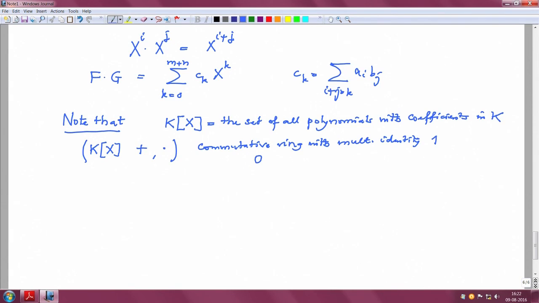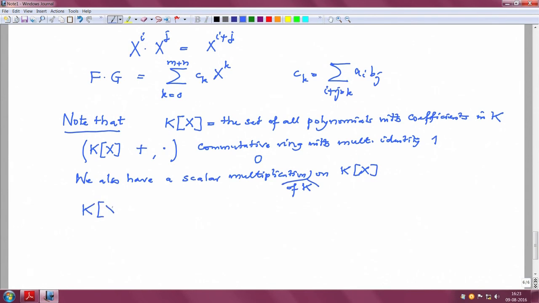More than that, we also have a scalar multiplication on k[x], scalar multiplication of k on k[x]. So this makes k[x] a k vector space.